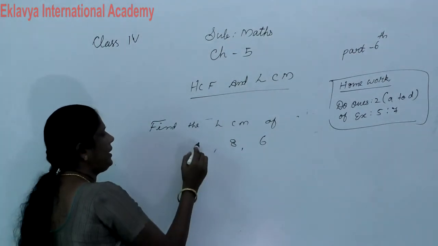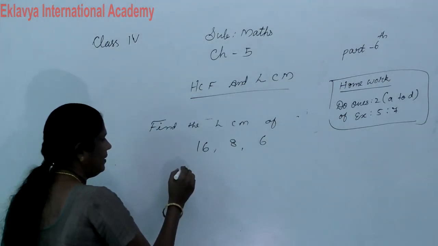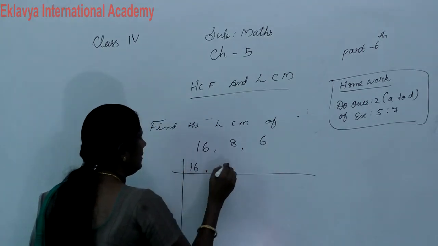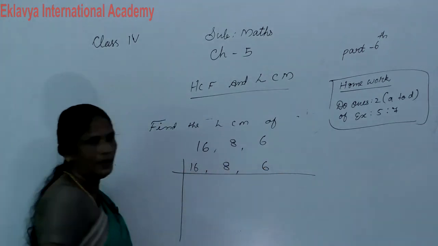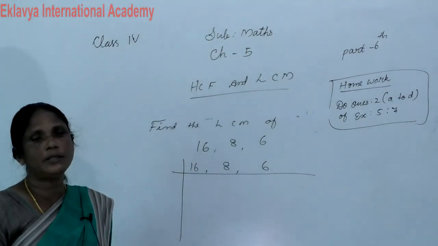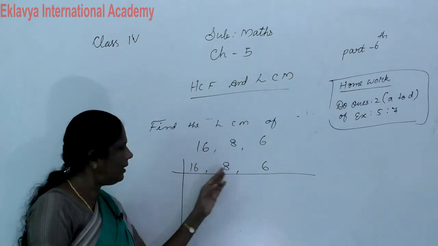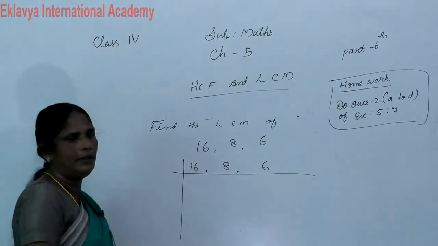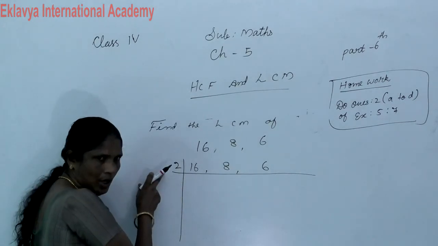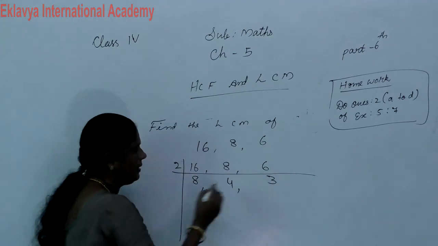Now first we arrange 12, 8, 6. First, our first prime number is 2. Is 12 divisible by 2? Yes. 8, yes. 6, yes. We take 2. How many times does it go? Say the table of 2: 6 times, here 4 times, here 3 times.